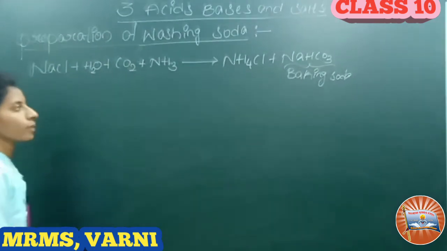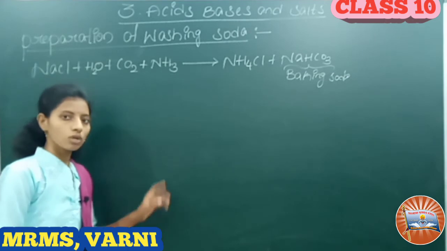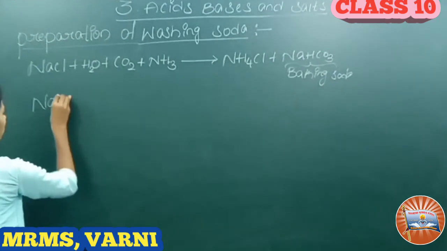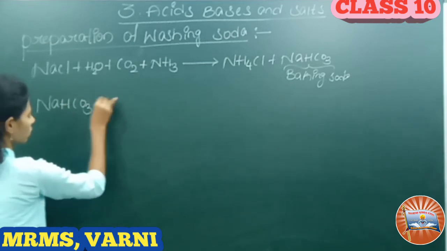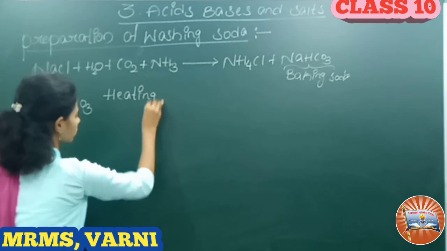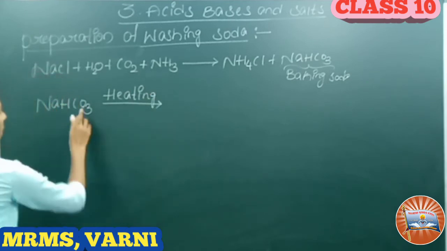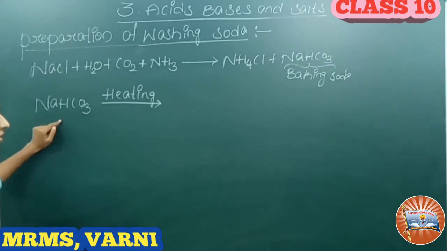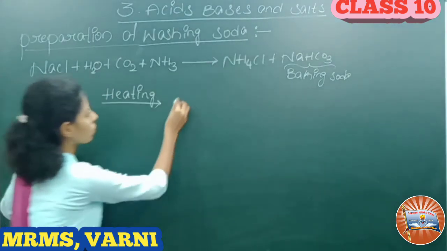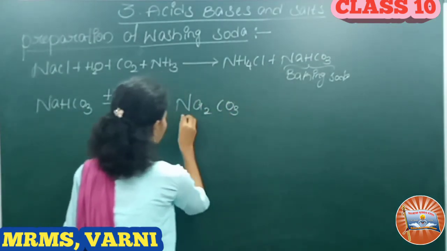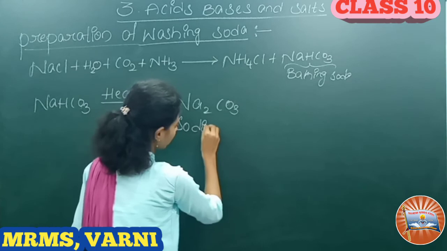So on heating baking soda, we will get sodium carbonate. Okay, so on heating this sodium hydrogen carbonate, we will get sodium carbonate, that is Na2CO3. This is the sodium carbonate.